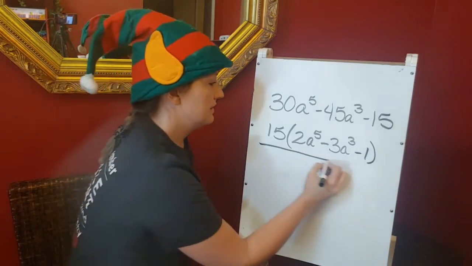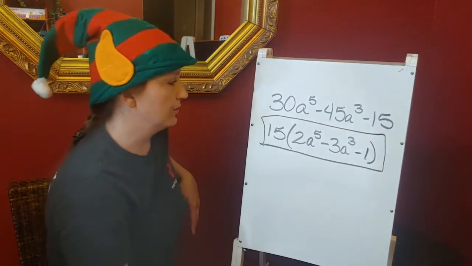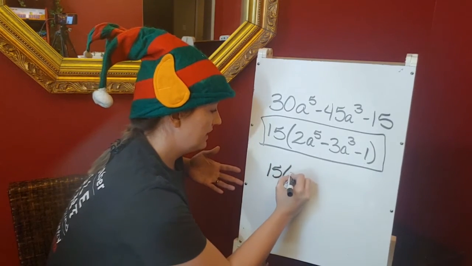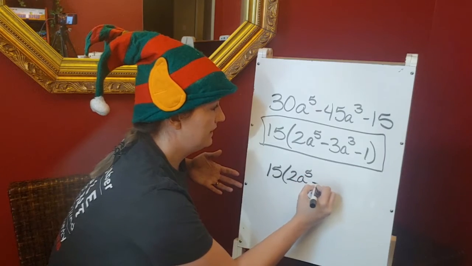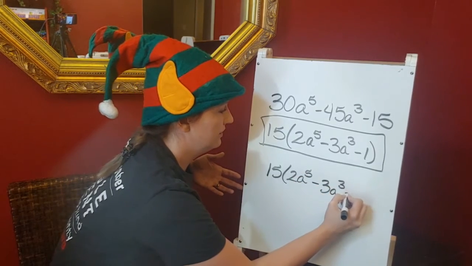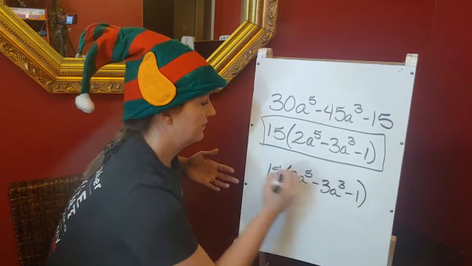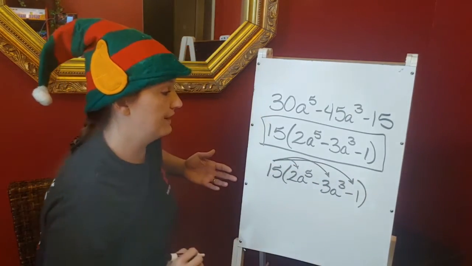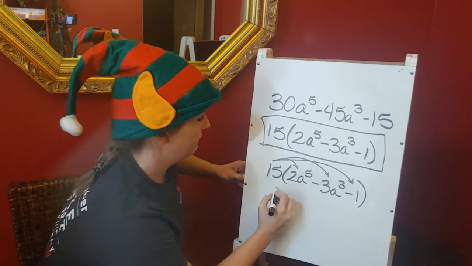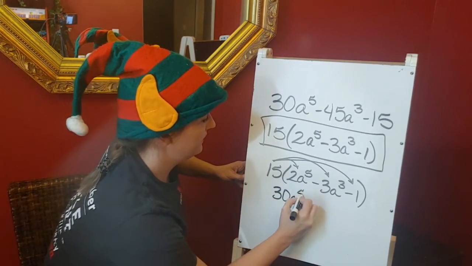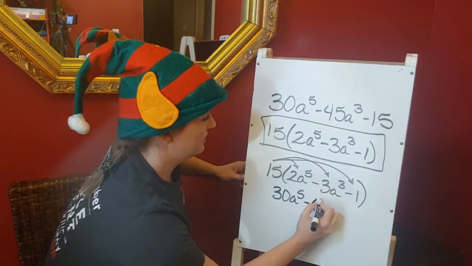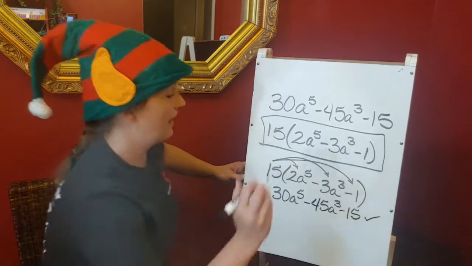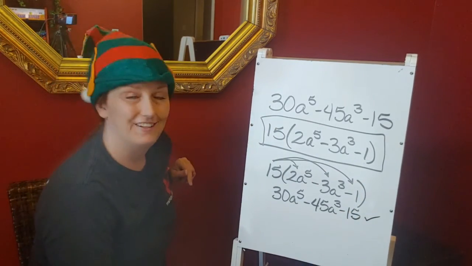So this is your factored form, and then we'll check it. 15 times 2a to the 5th minus 3a cubed minus 1. I'm going to distribute right there. 15 times 2a to the 5th is 30a to the 5th. Distributing here, minus 45a cubed minus 15. And ta-da! It checks out.